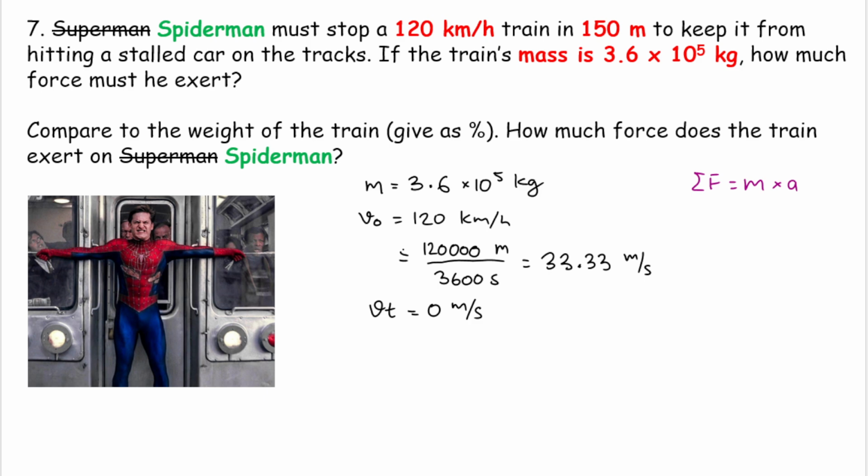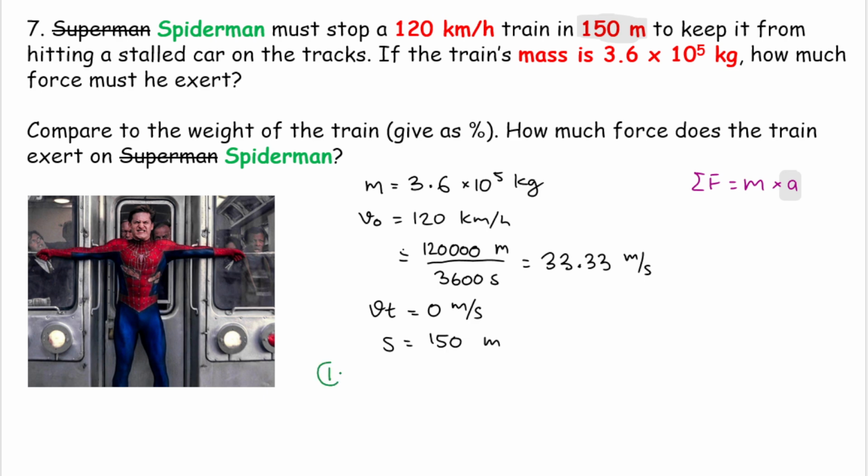But then we need to find out the acceleration first. What else are we given in the problem? We are given 150, so I will have s here, the distance, that will be 150 meters.